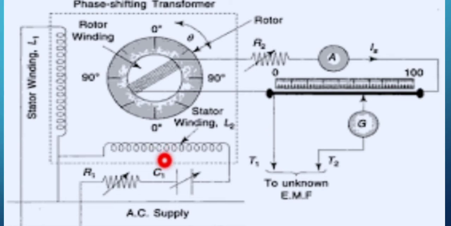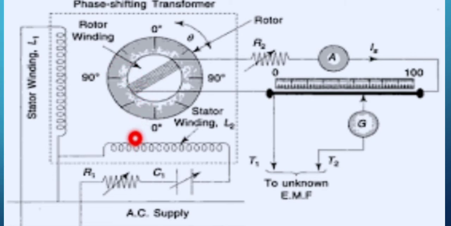To have such an arrangement, we have a variable resistor and capacitor, and by adjusting them, we can achieve the quadrature arrangement of the stator windings.